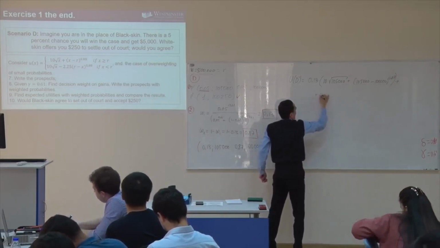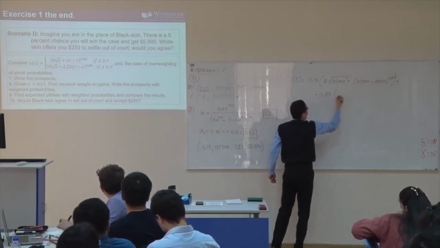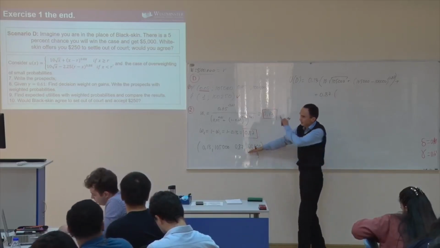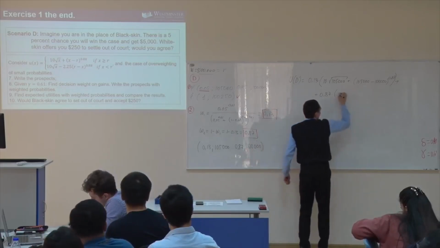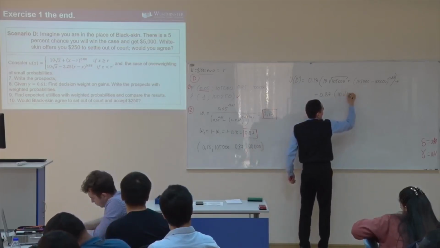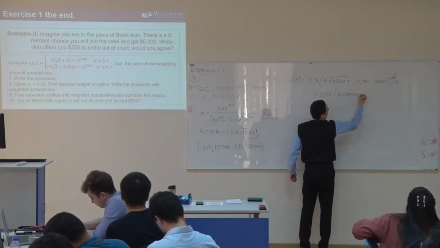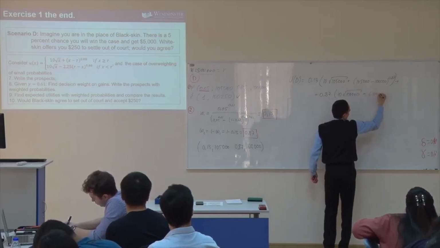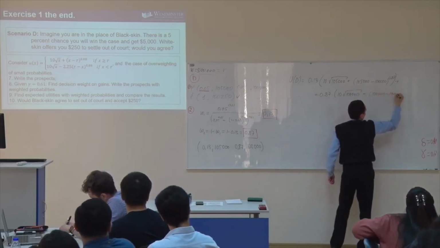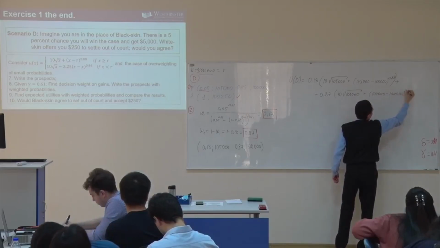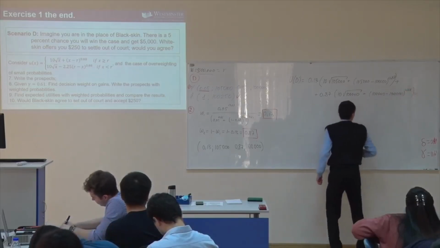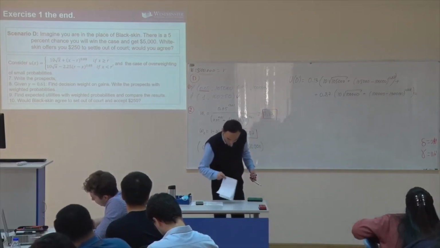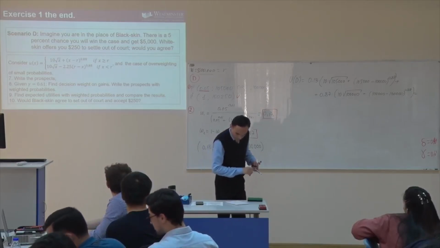Plus, there is an 87% probability that her wealth is going to be 100,000. Which one should we apply? The first one. Again, 10 times the square root of 100,000 plus 100,000 minus 100,000 in the power of 0.88. And if you calculate this one, students, it will be equal to 3,409.